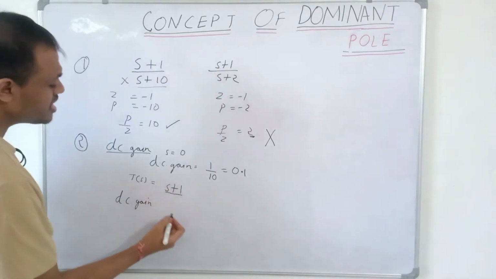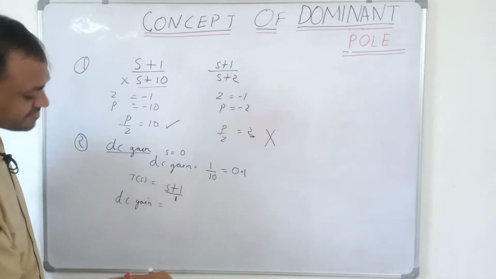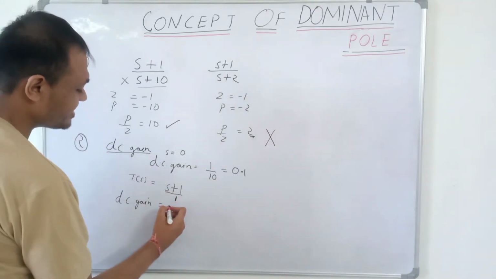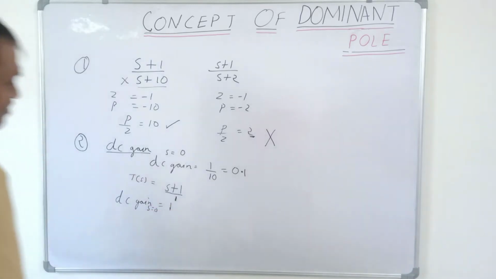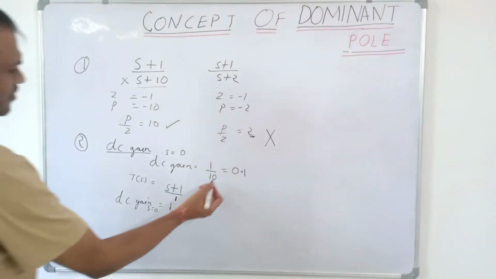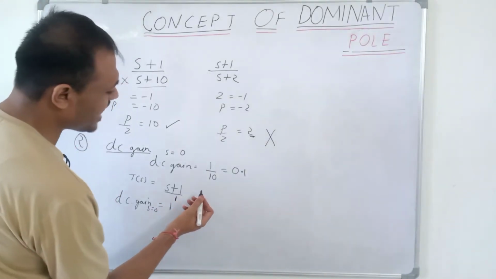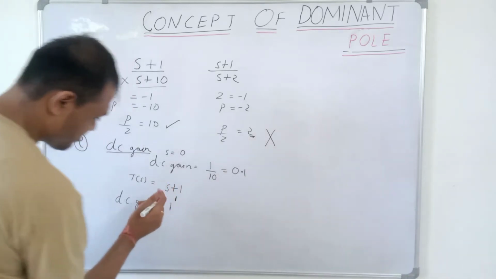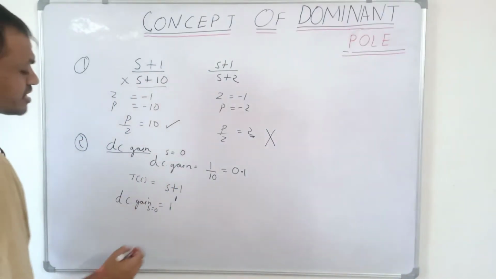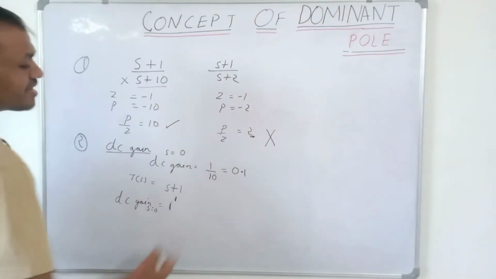So we have s plus 1 in the numerator and in the denominator there is 1. So when we apply DC gain by putting s equal to 0, then DC gain is 1. The important thing is that DC gain before removing the dominant pole and after removing the pole should be same. So here the DC gain has changed to 1 and here the DC gain was 0.1.